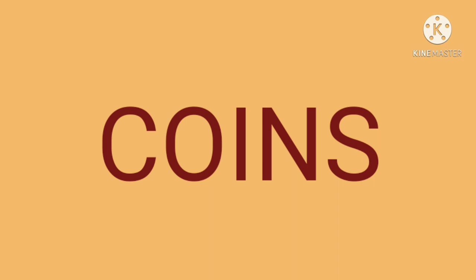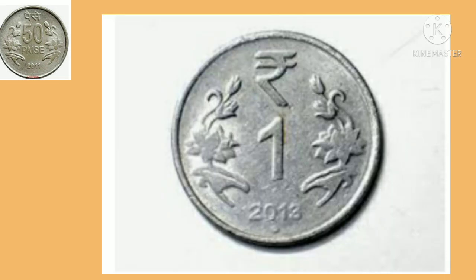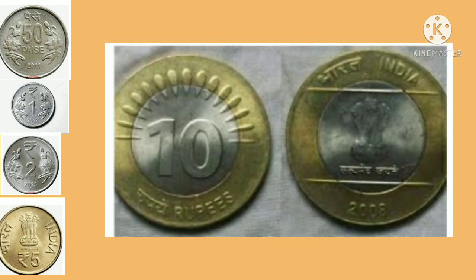First, let us see the coins that we use in India. 50 paise coin, 1 rupee coin, 2 rupee coin, 5 rupee coin and 10 rupee coin. Next, let us see the notes that we use in India.